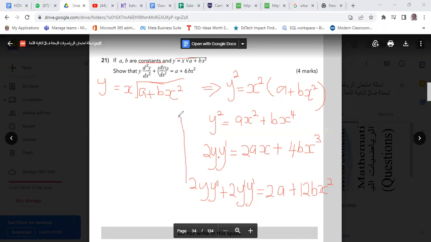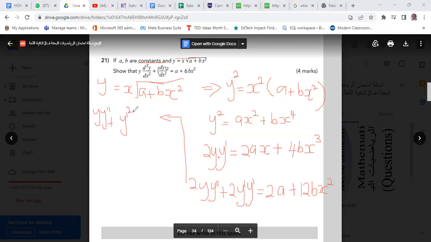So let me draw an arrow so that you can understand where I'm coming from. If I divide everything by 2, then 2 is gone there. So I'll have y prime prime, plus 2 is gone here also. Now, y prime 2 times becomes y prime squared.